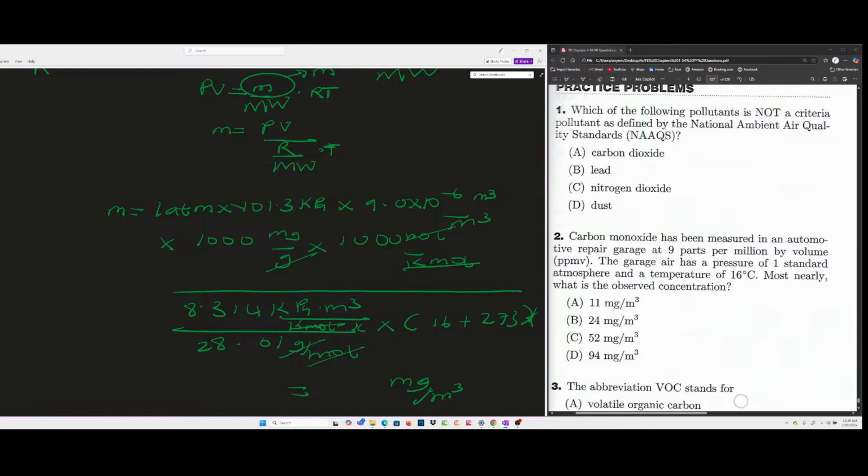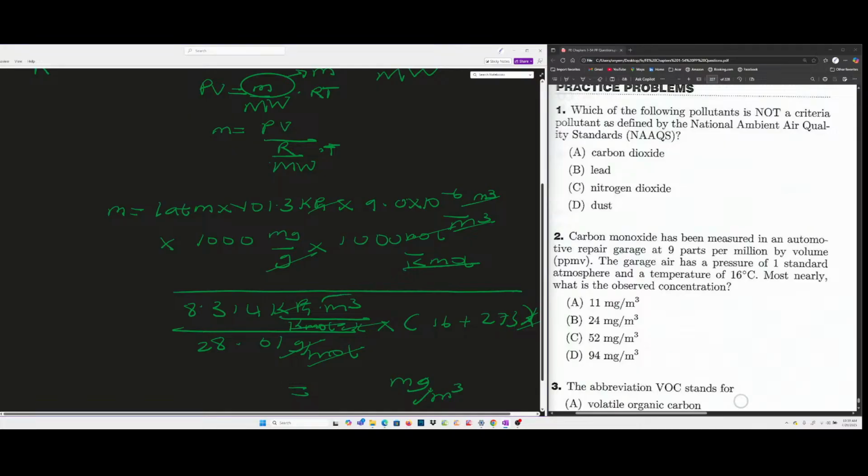You have to get rid of the Kelvin, right? This kilopascals is going to cancel this kilopascals. This meter cube is going to cancel this meter cube. Yeah, Kelvin right here is gonna cancel the Kelvin right here.